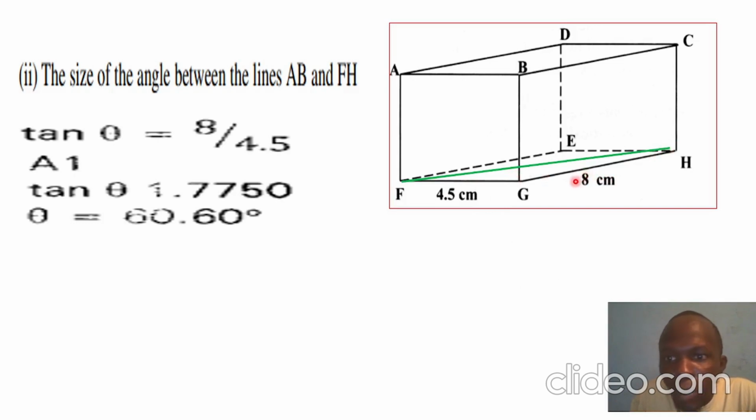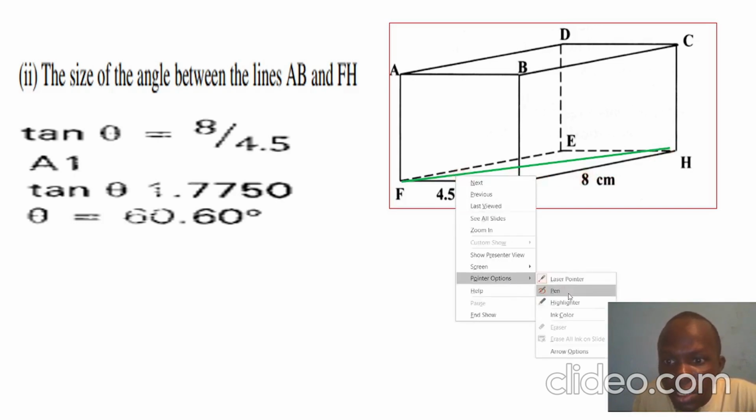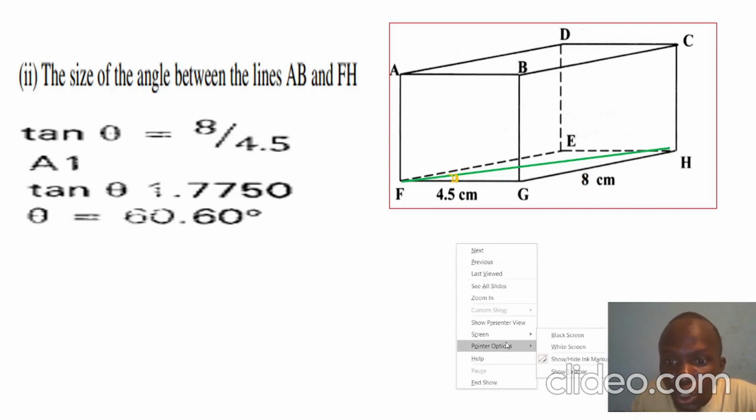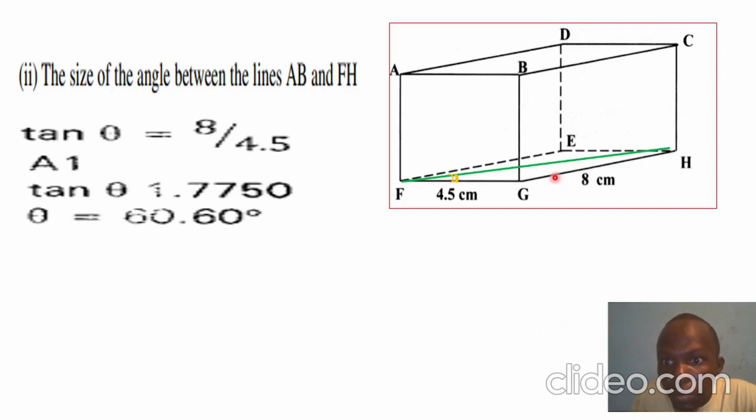So if that is the angle in consideration, then we are going to treat GF as the opposite, and FG as the adjacent, and the opposite over the adjacent is equal to tan theta.